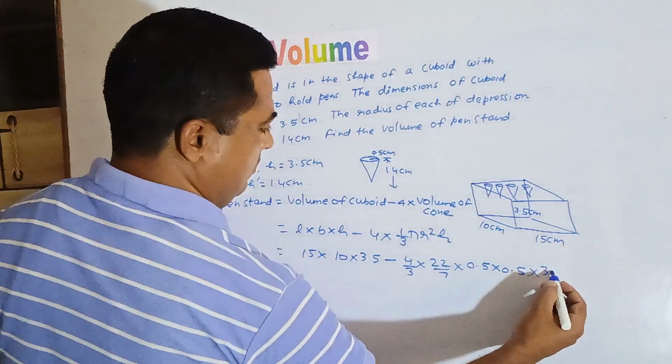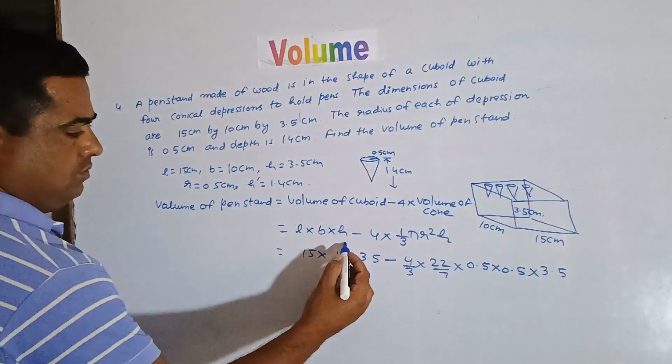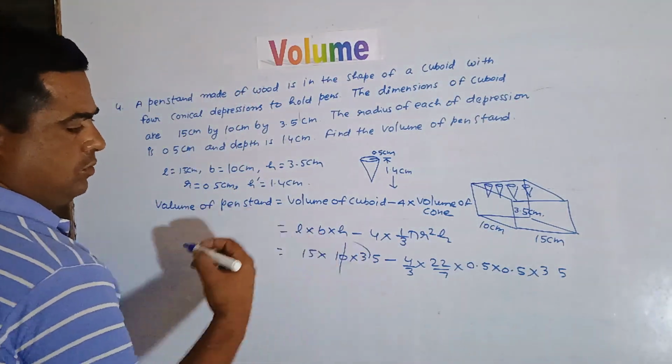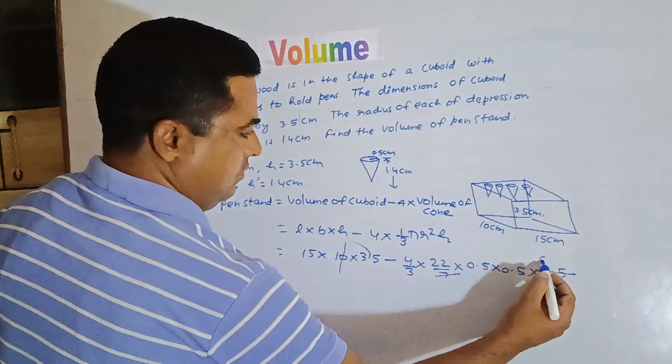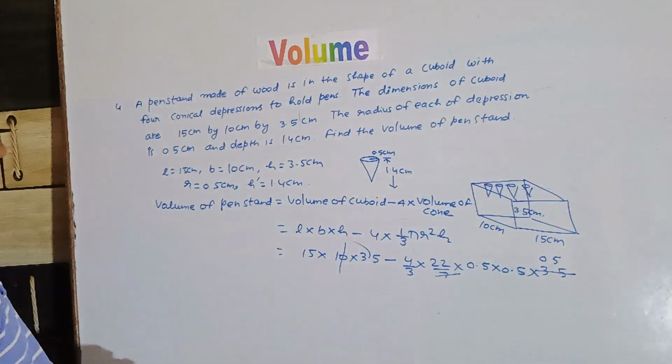This is 3.5. Correct? Now we will remove this point from here, and 7 5s are 35. Correct?